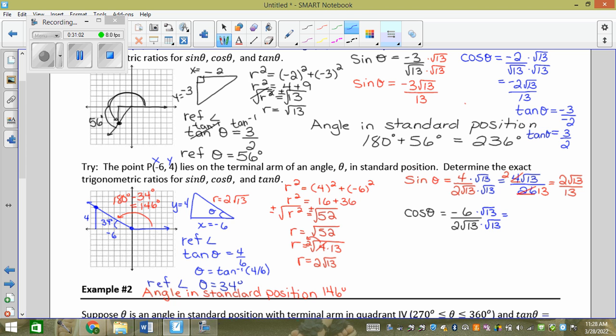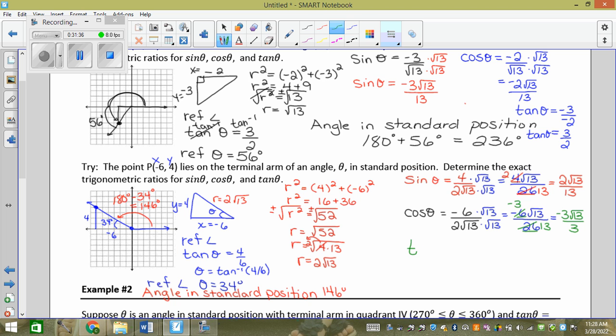So I'm going to get negative 6 root 13 over 2 times root 13 times root 13 is 13 times 2, so it's 26. Can I take anything out of 6 and 26? You got a 2. So the negative 6 becomes a negative 3, and the 26 becomes a 13. So we get negative 3 root 13 over 13.